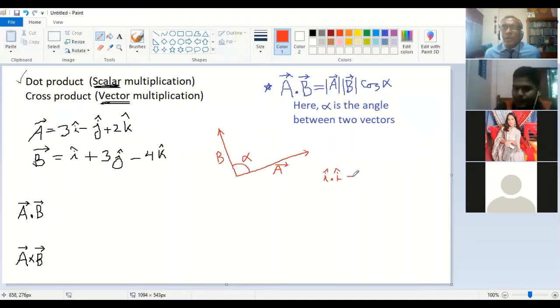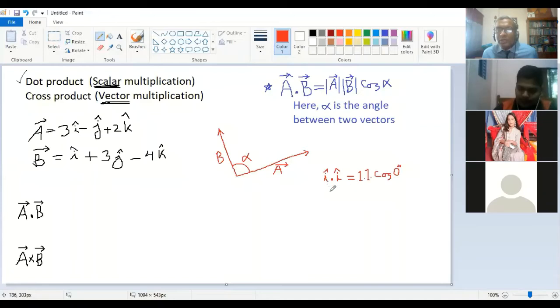So if I find i dot i, that means I put the value of i, which is 1, and another i, which is another 1, and then cos 0 degree. Why 0 degree? Because the direction of i is the x-axis, and the direction of the second vector, that is also i, is also the x-axis.